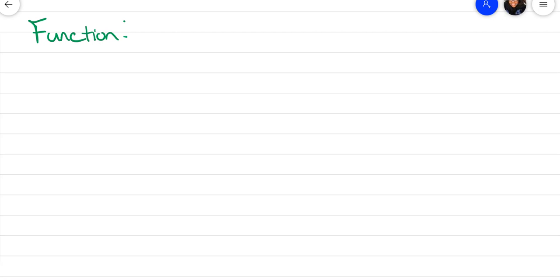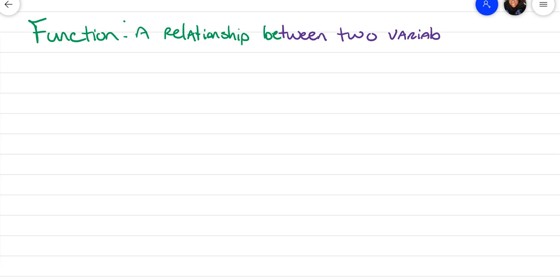A function is a relationship between two variables where one variable depends.